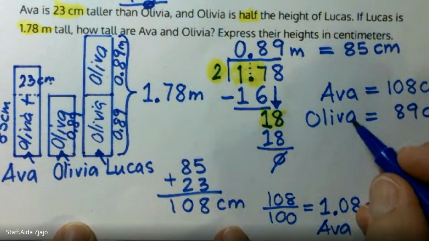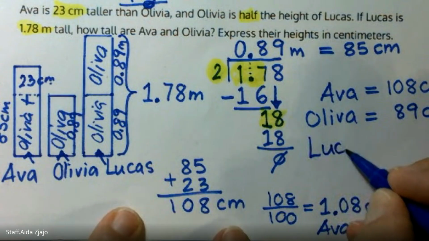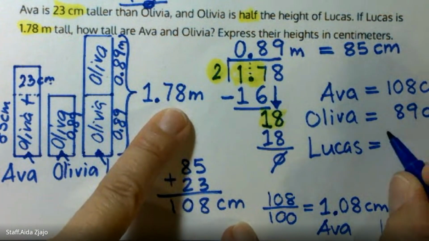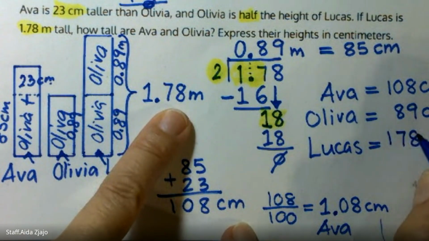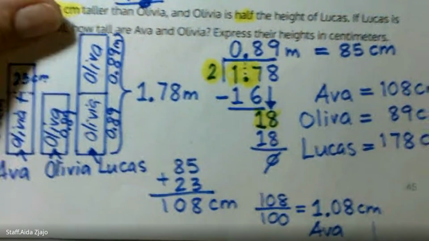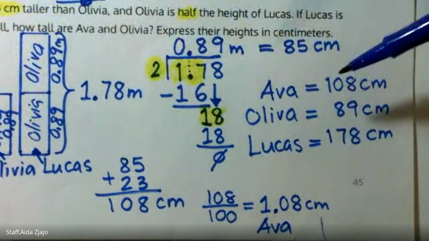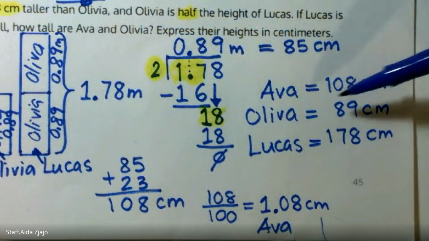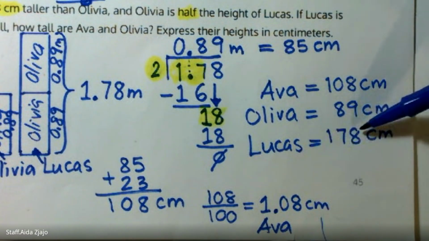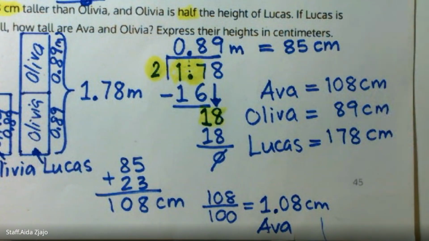And then Lucas is 178 centimeters. Oops, you can't see that, guys. Ava is 108 centimeters, Olivia is 89 centimeters, and Lucas is 178 centimeters. If you see how that looks in the metric system, it is the same thing.